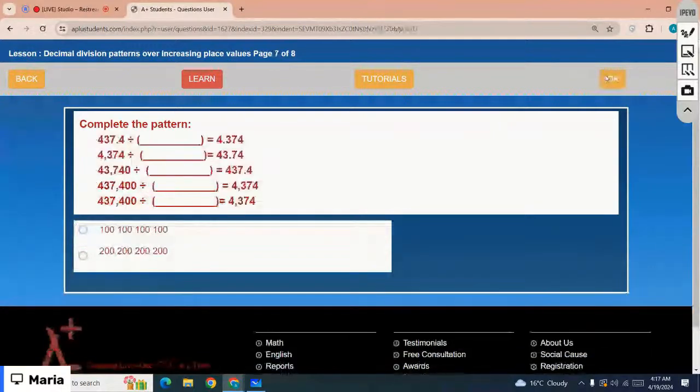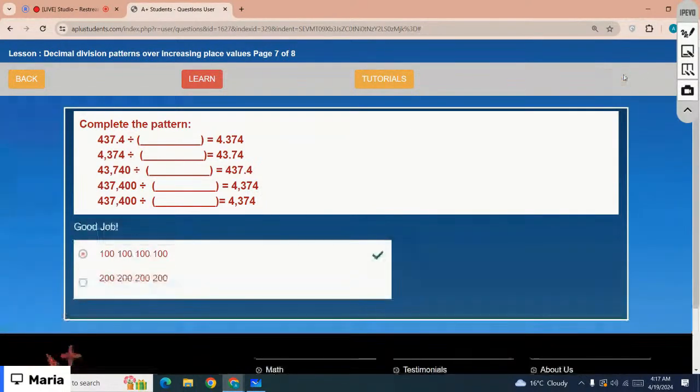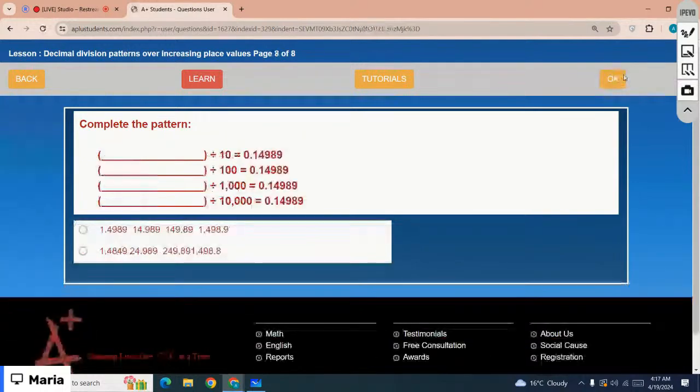Complete the pattern, which is the correct option? Yes, that is again option number one. Complete the pattern, which is the correct option?